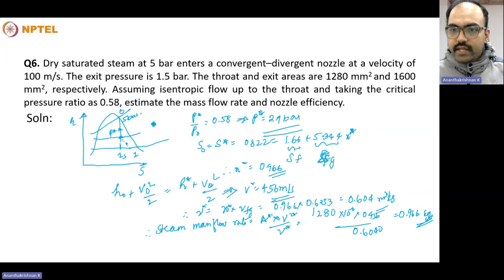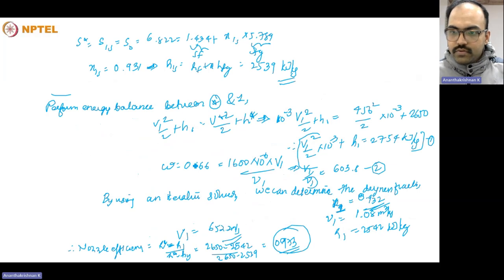We have to take into account the steady flow energy equation between star and 1, and then also we know the mass flow rate, so we get another equation between the velocity and the specific volume. So this is actually an implicit equation. We have to solve them iteratively to determine the state point at 1. From there, we get the velocity and the enthalpy, and using that, we can calculate the nozzle efficiency.